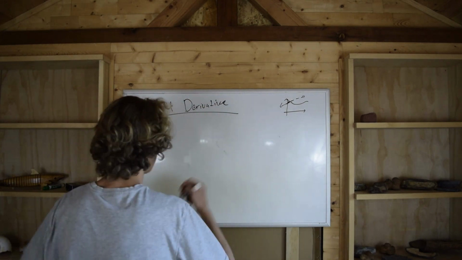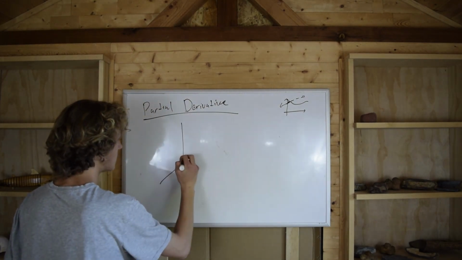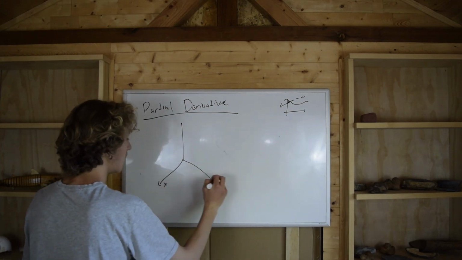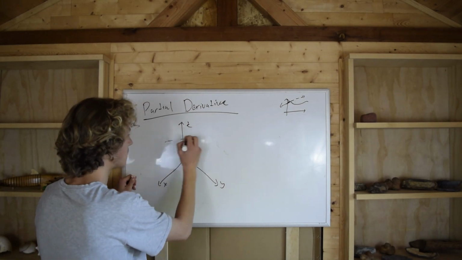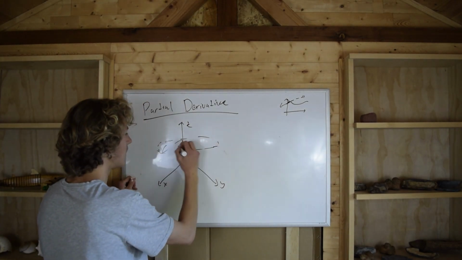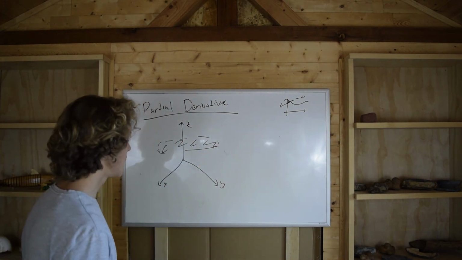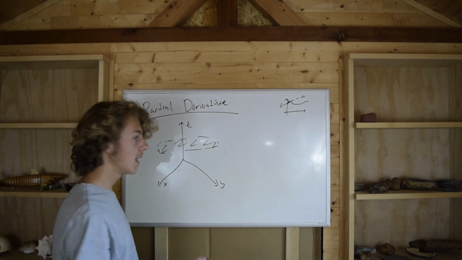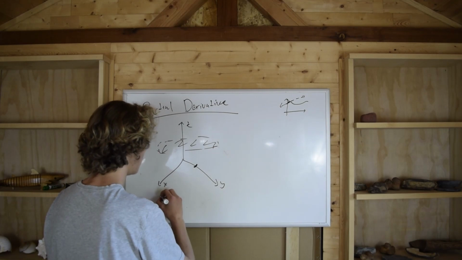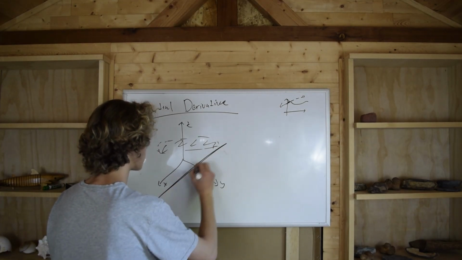So for example, I'm going to draw this again. Here's my x, y, and z axes. And let's say I had some curve. Who knows what this curve looked like? Okay. And let's say I wanted to take a slice of this curve parallel to the x-axis at some y. And so this is what my slice looks like.